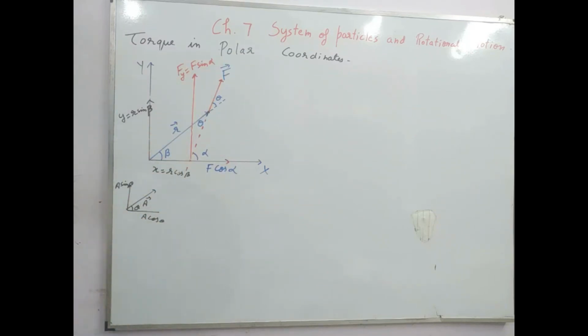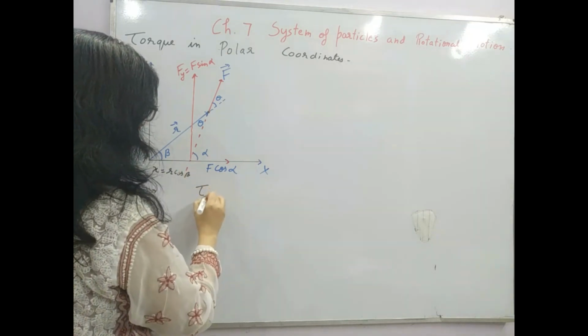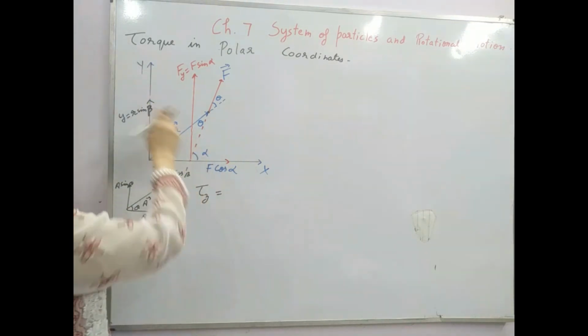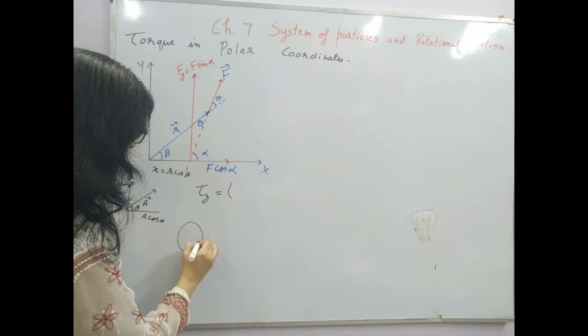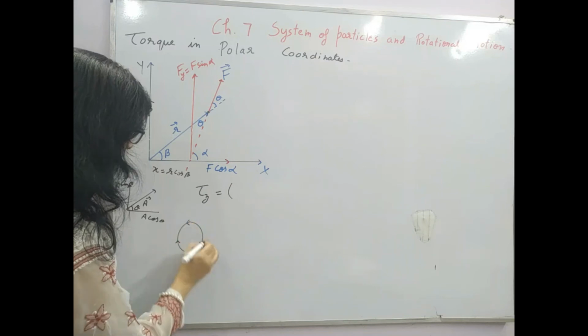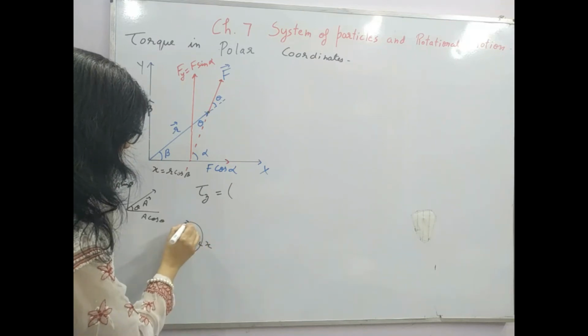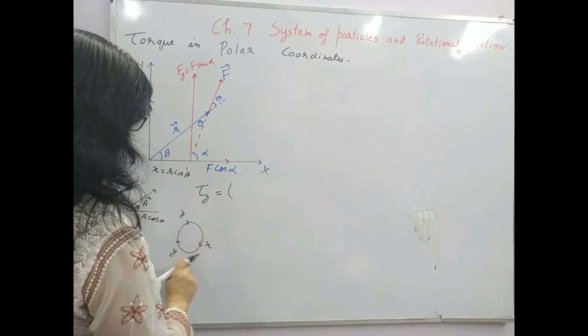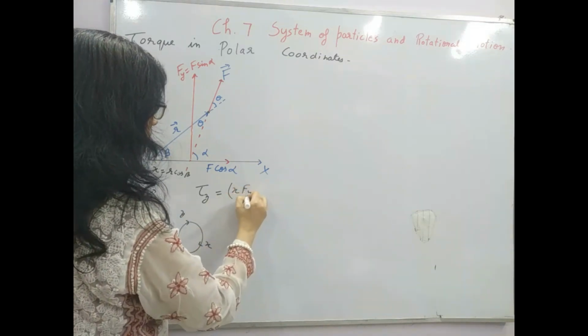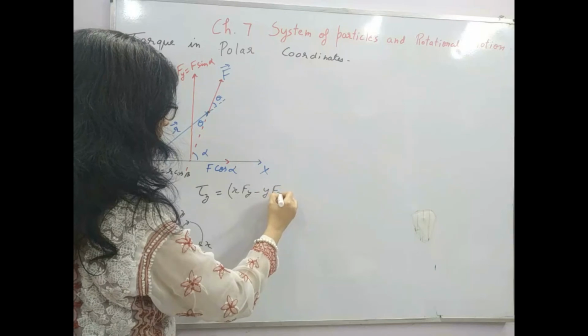So if I put the values in the formula of torque for Cartesian coordinates, so this will be torque along z direction, because this is given in xy plane. So if I use the circle x, y, z, torque along z is x Fy minus y Fx.